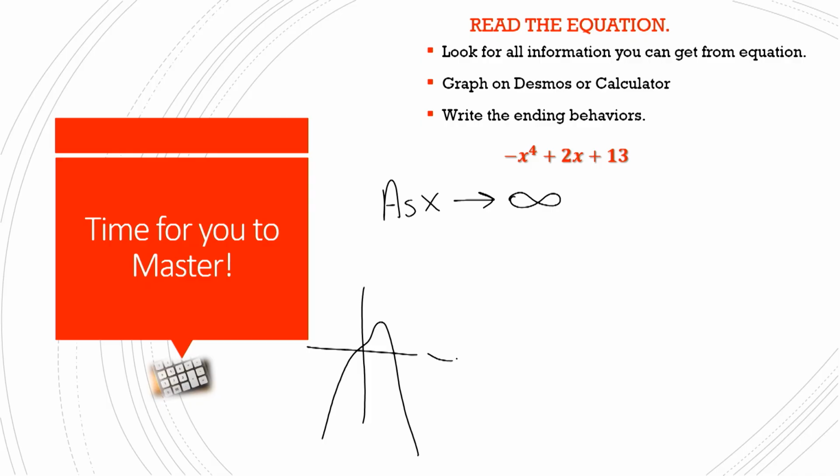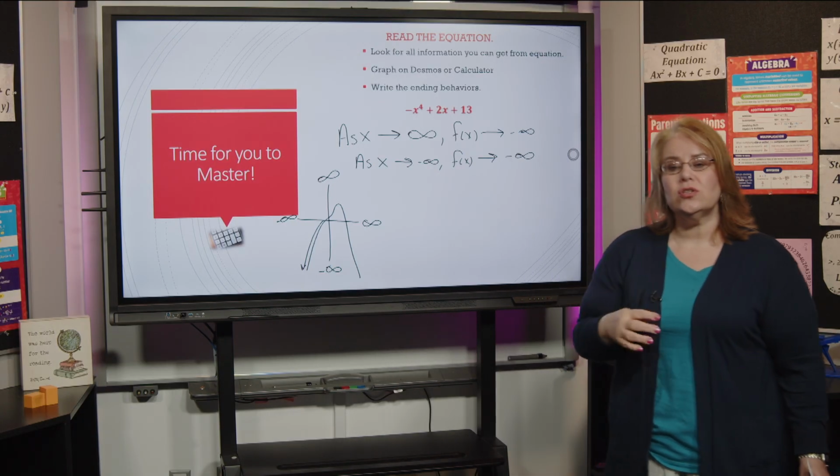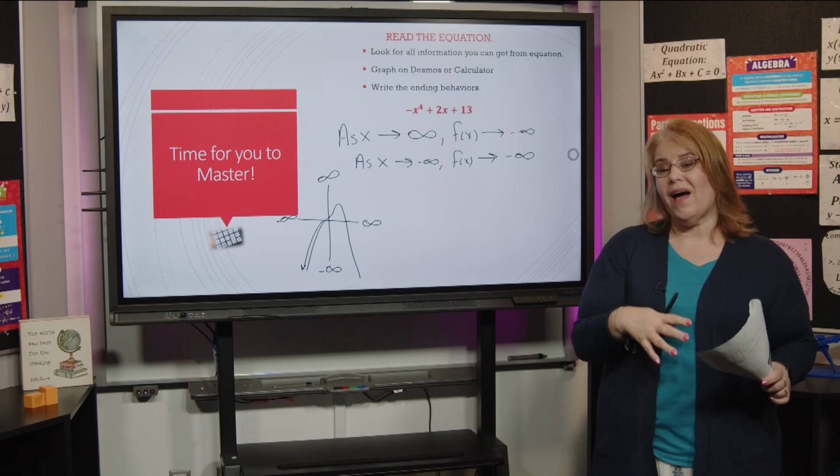So remember, this is positive infinity, this is negative infinity, this is negative infinity, this is positive infinity. So as x approaches positive infinity, what are those y values doing? They're approaching negative infinity. So then as my x approaches negative infinity, what are my y's doing? Yep, they're approaching negative infinity. So you've got to make sure that you're understanding we're using our x values of what they're doing to determine what my y values are doing.